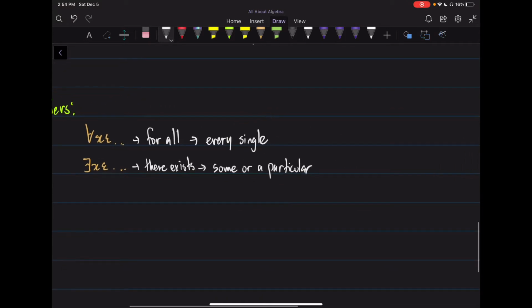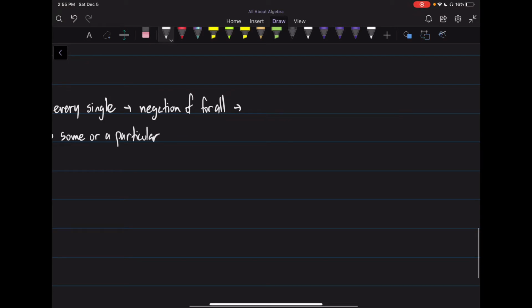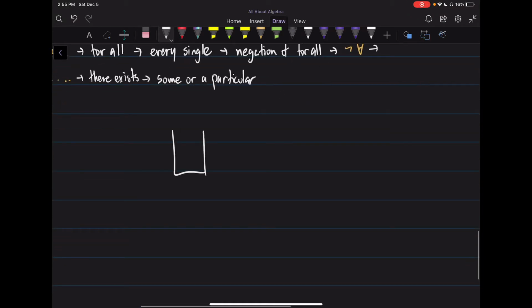right? Well, think of it this way. So negation of for all means you're just taking the negation of this. Well, what's the negation of this? If you're not taking every single element, so think of it this way. I have a box full of balls, right? I have different balls in here, right?